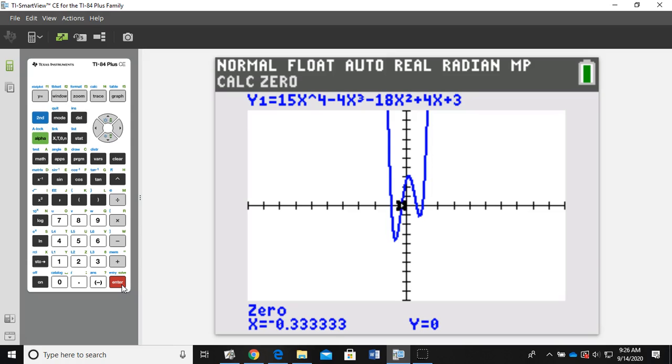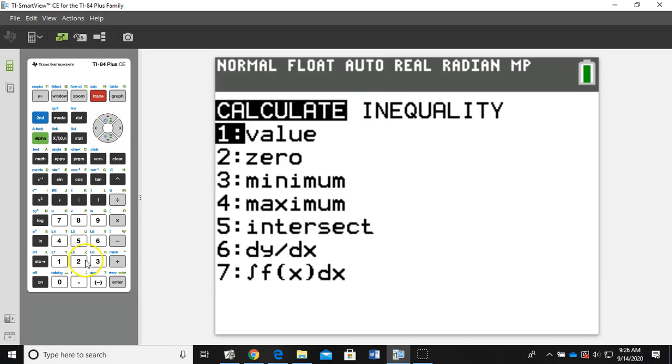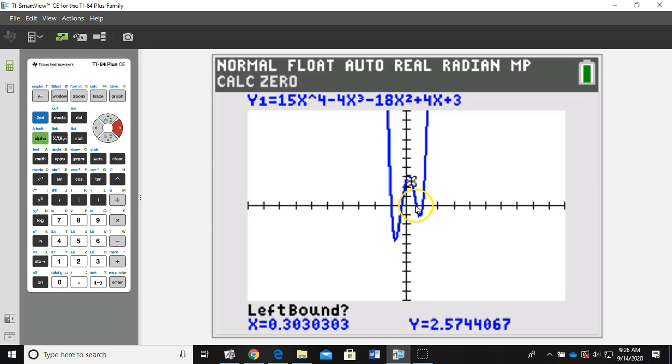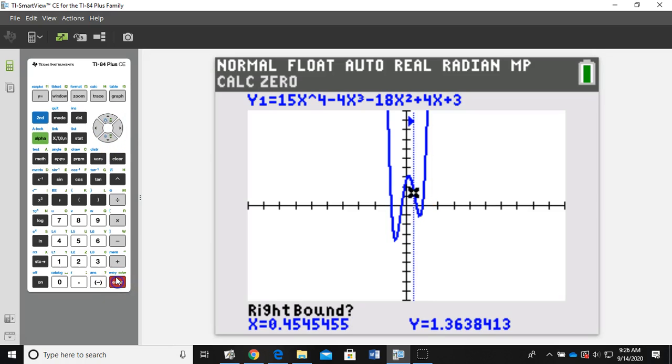Negative 1/3. Okay, so we've got 1, negative 1, negative 1/3, and finally, do this one more time. Second trace, 0. So this time I'm going to use it to find this one. So to the left of it, hit enter.